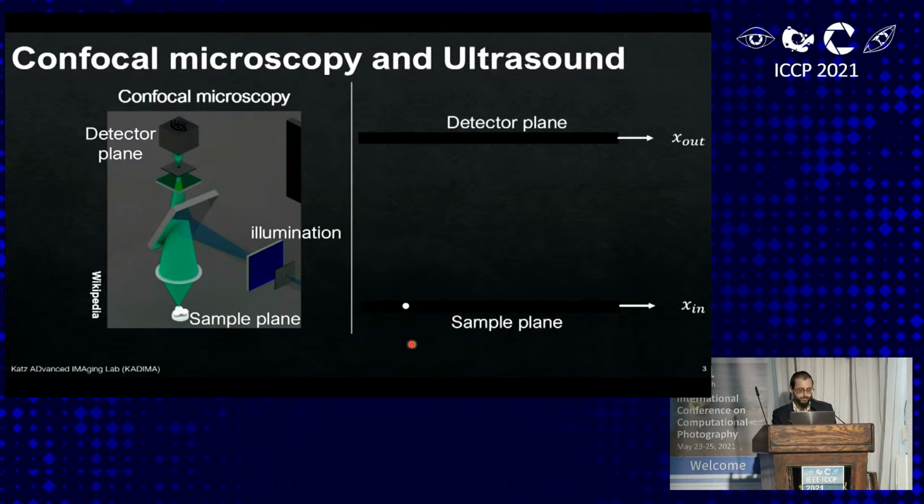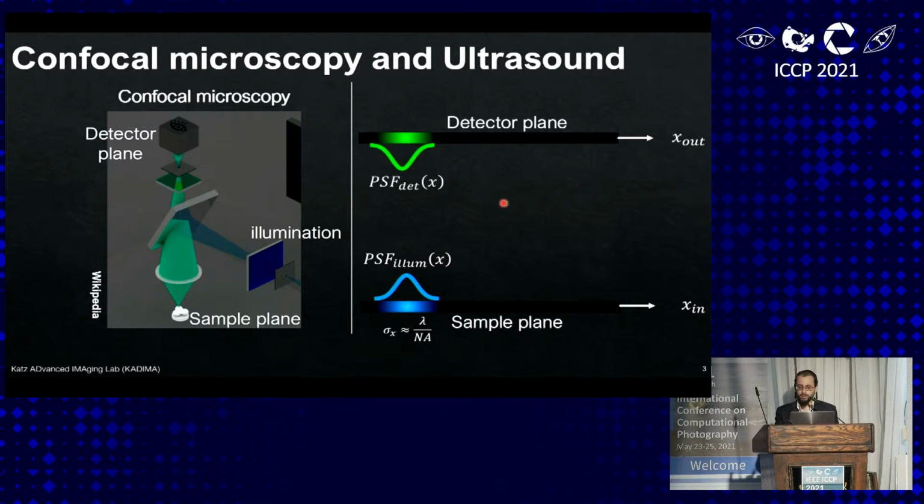When you're trying to focus into a spot, we actually get a smear. That's the point spread function of illumination, whose extent is about a wavelength over the numerical aperture. And when we're trying to focus our detection onto a spot on the sample plane, we get a smear in the detector plane, and that's the PSF of detection. The effective PSF of confocal imaging is the product of illumination and detection PSFs.